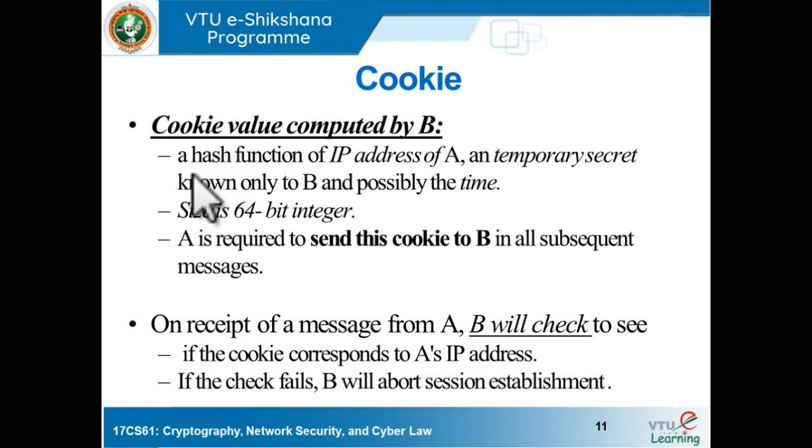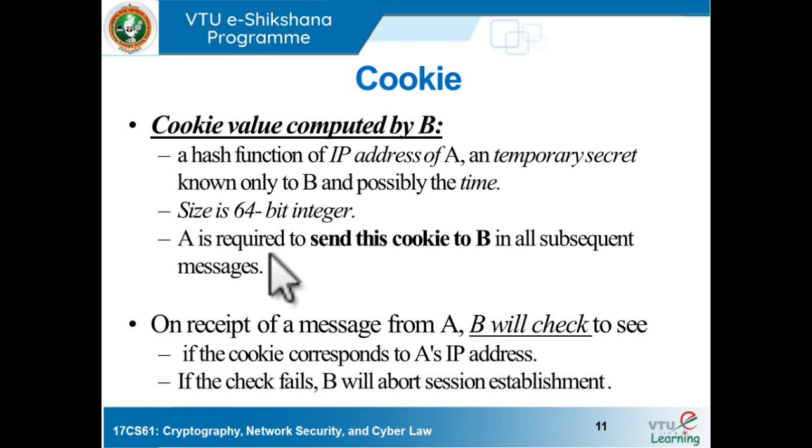Over here the cookie is computed as a hash function of the IP address of the initiator, that is A, and a temporary secret known only to B, and also the timestamp. Now, the size of the cookie generated by hashing all these parameters is around 64 bits, and it is an integer value.